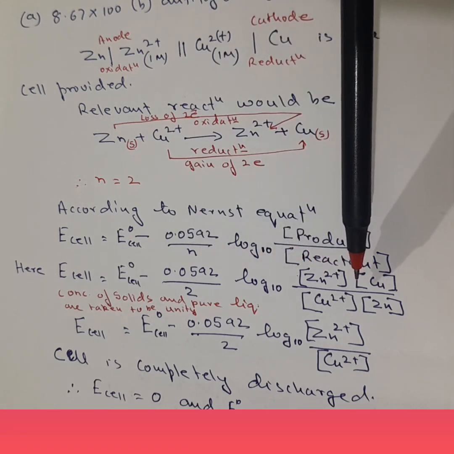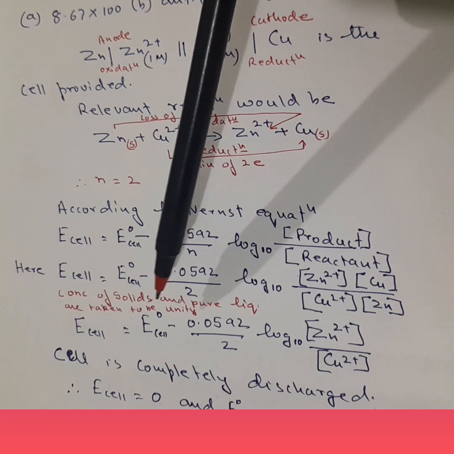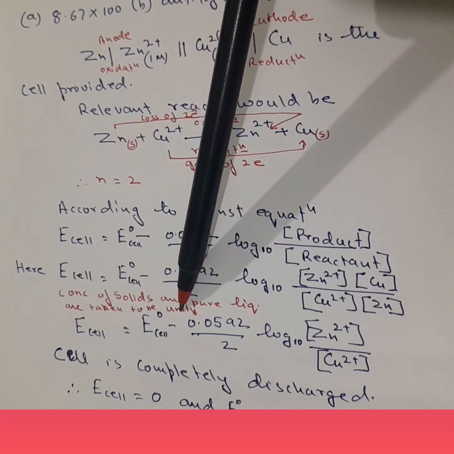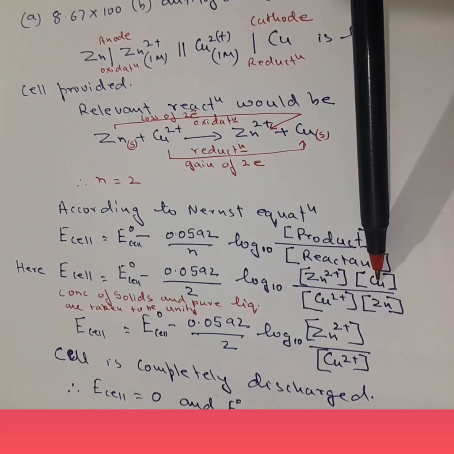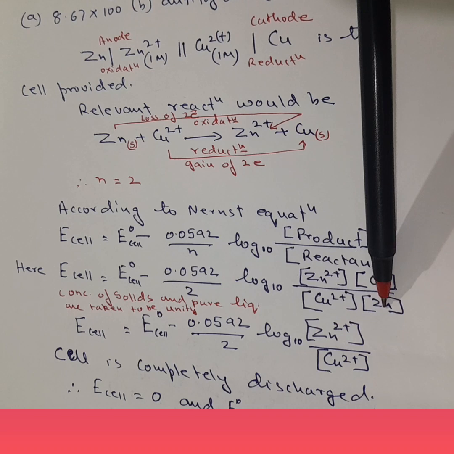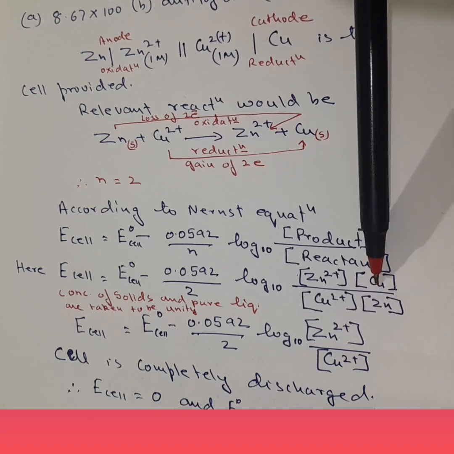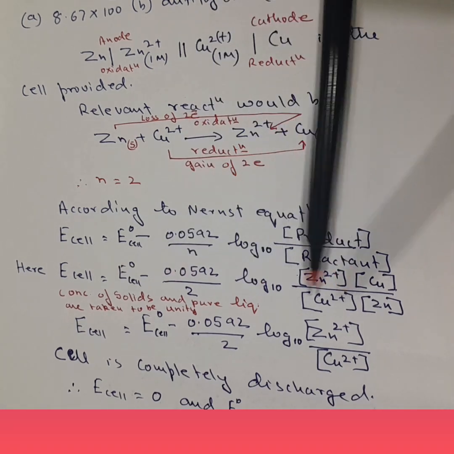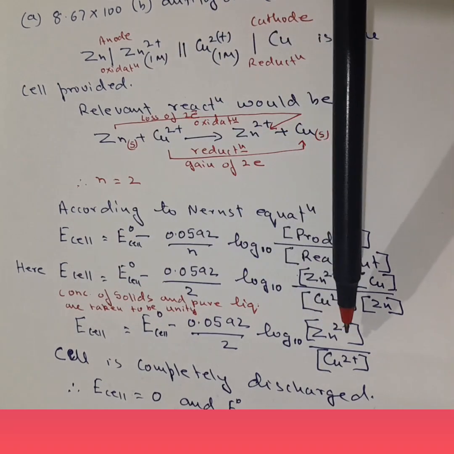Furthermore, concentrations of solids and pure liquids are taken to be unity. So here we have copper as a solid in the product and in the reactant we had zinc as a solid. So this becomes 1, and the equation modifies to this.